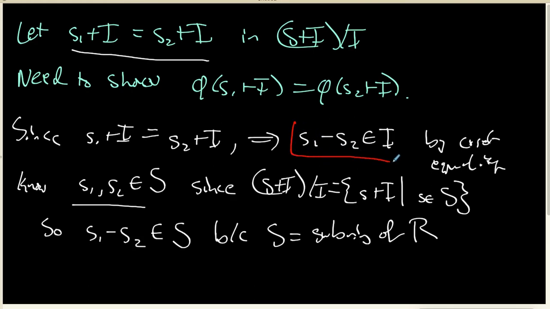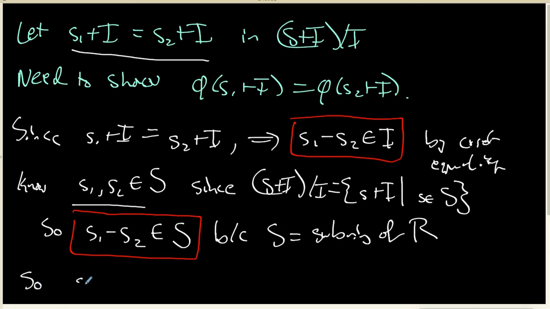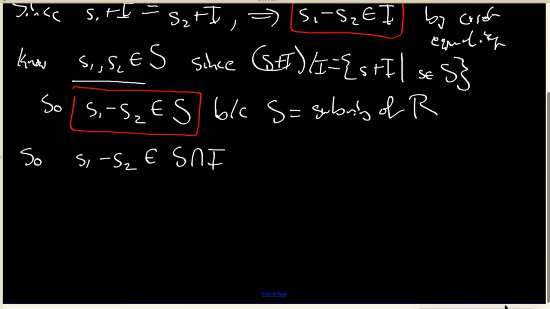We have S1 minus S2 is inside I, and we have S1 minus S2 is inside S. Well, as a consequence, we do know that S1 minus S2 now belongs to S intersect I, and that's going to be important. So let's look at this now.